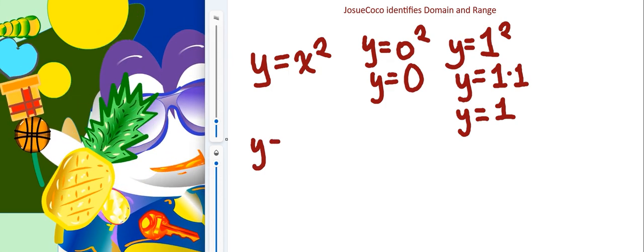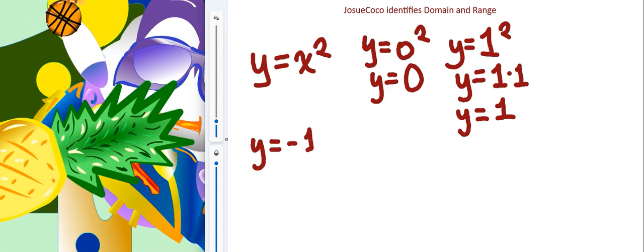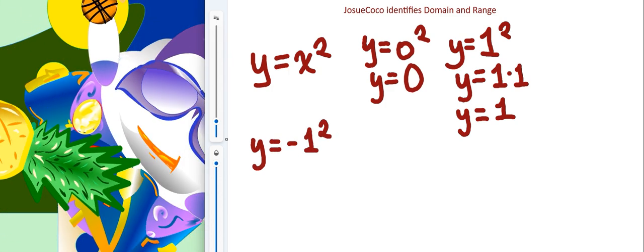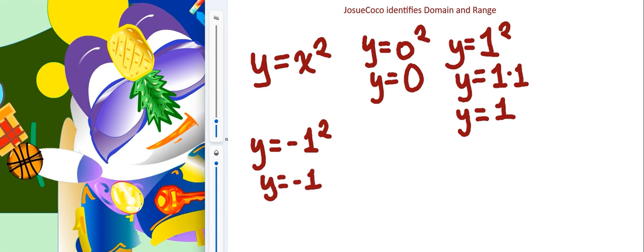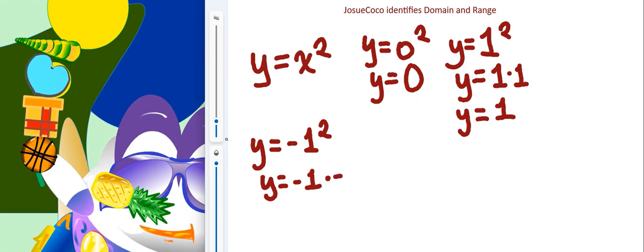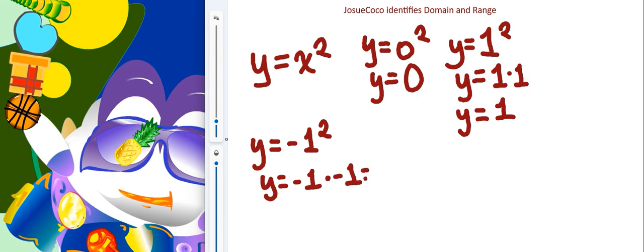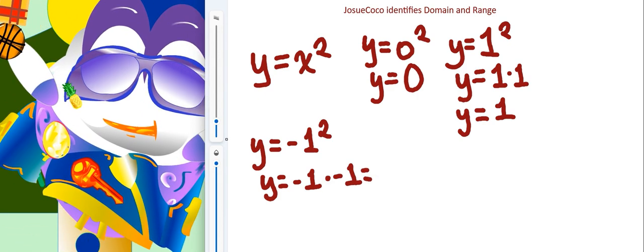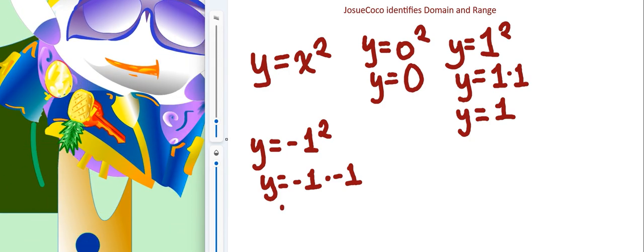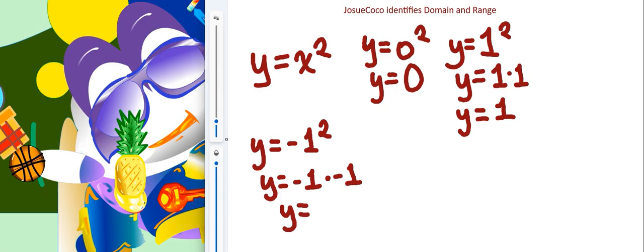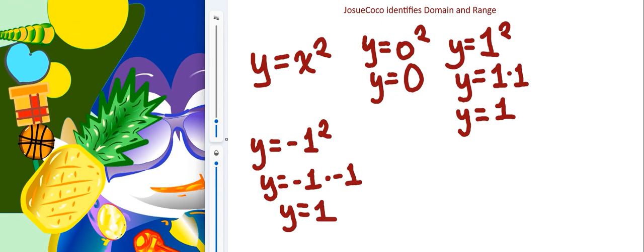Let's continue with y equals negative 1 to the second power. That's going to be y equals negative 1 times negative 1, and that gives us a product of y equals positive 1.